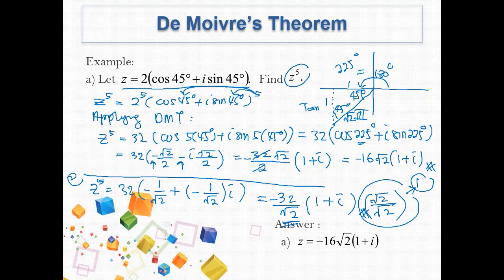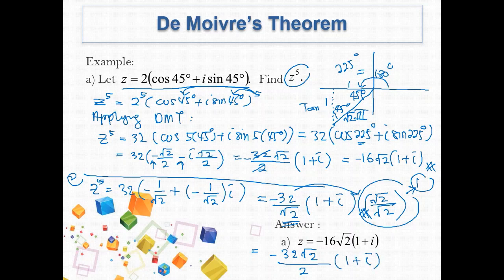Alright, so now you can simplify things where this multiplied with that is equivalent to negative 32 square root 2 over square root 2 multiplied with square root 2, that will give you 2, and the term in the bracket remains.